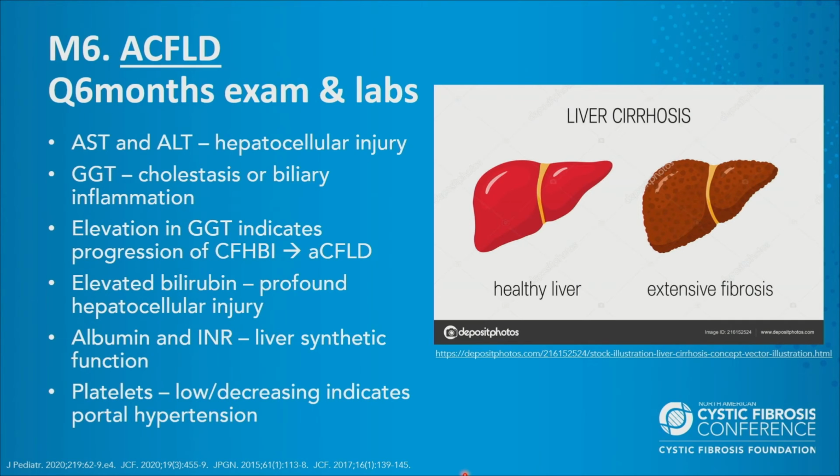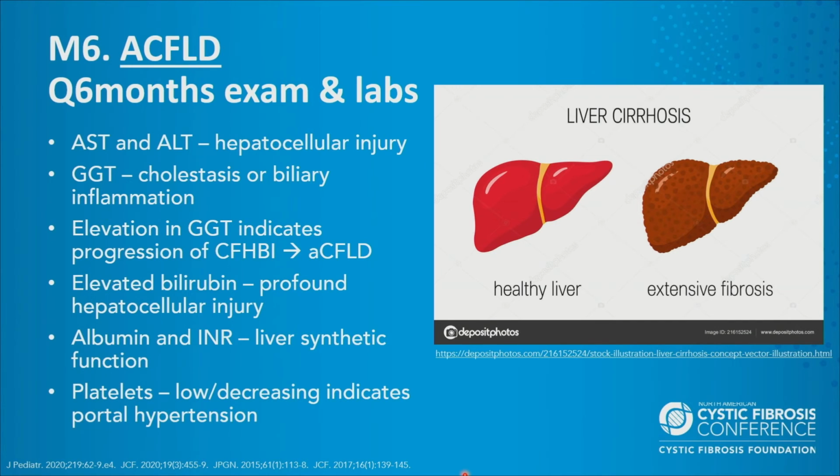Significant elevations in conjugated or direct bilirubin occur when there's profound hepatocellular injury, and these are usually seen in the end stage. We do see lots of mild elevations of indirect hyperbilirubinemia that have been seen with the use of ETI. Important indicators of liver function are albumin and INR.